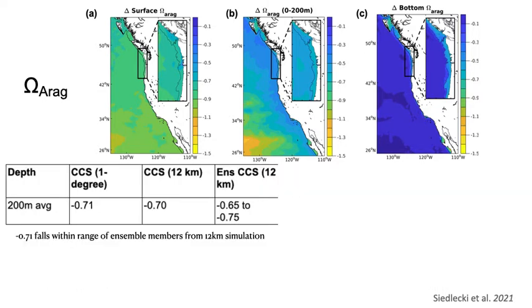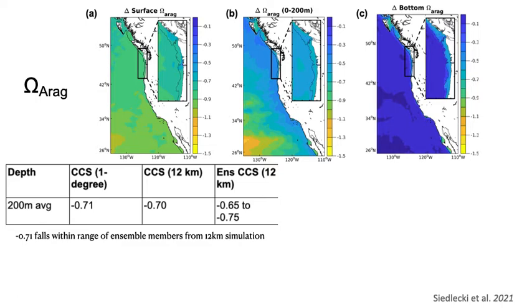And so let's walk through what that means. Here's an example for the California Current-wide 12 kilometer simulation, for the depth at 200 meters averaged. We'll focus on just one of these for now.